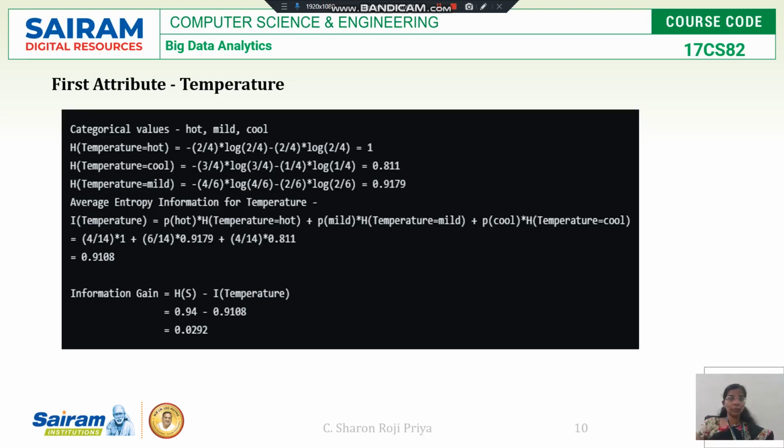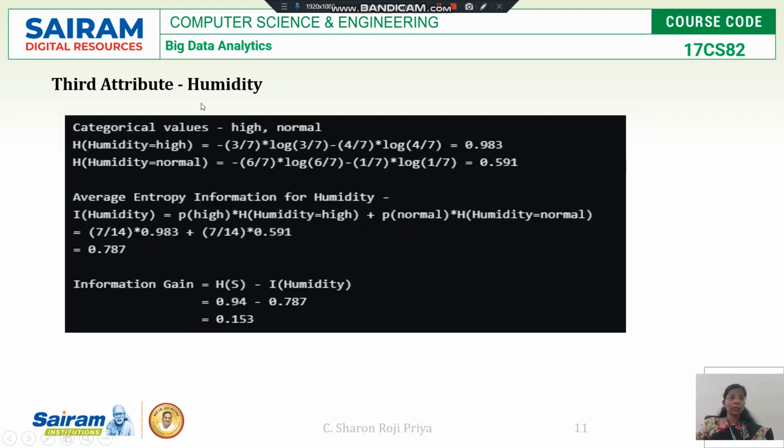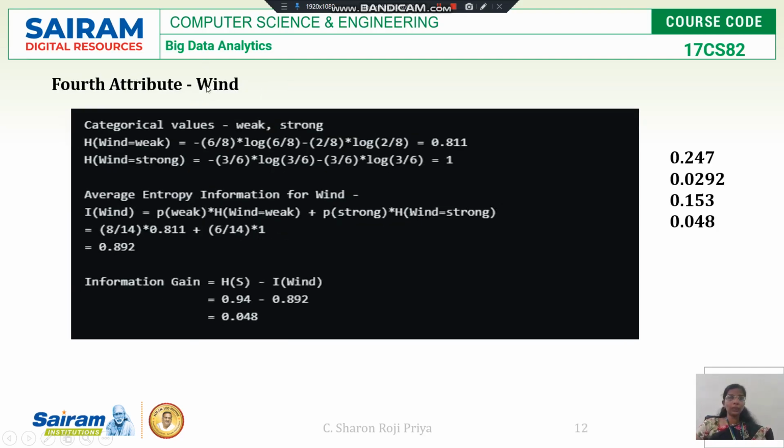Then you calculate information gain, which is the difference between the total entropy, which is 0.94, minus this one, 0.9108, which is equal to 0.0292. Similarly, you have to calculate the information gain for the attribute humidity and for wind.